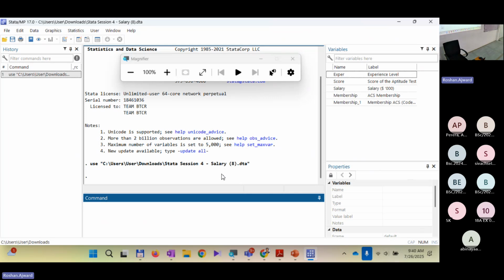Follow the computer here. Follow the next step.